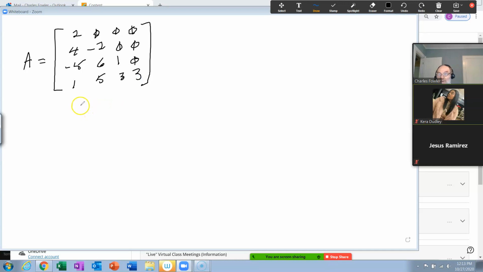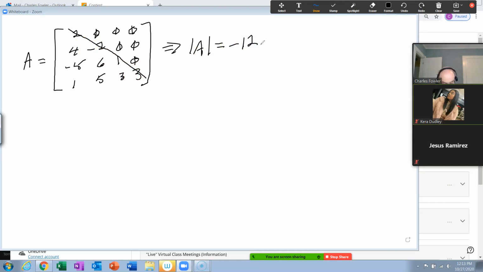What do you notice about it? It is a lower triangular matrix. Everything above the main diagonal is a 0. So what's the determinant of A? All you do is multiply those diagonal elements together. Let's say minus 4 times a 3 is minus 12.